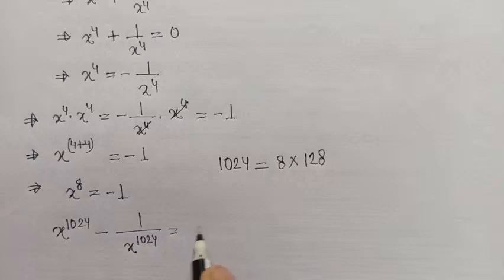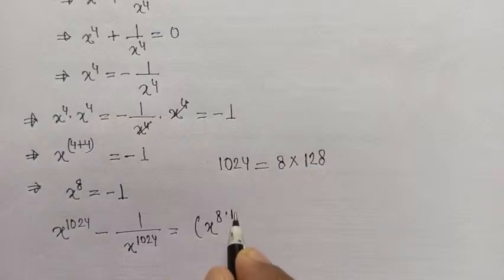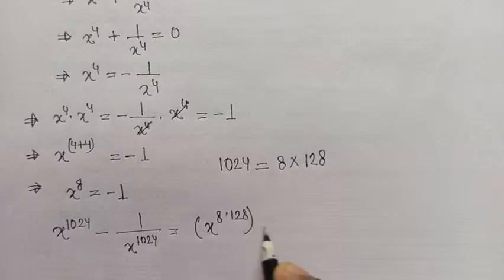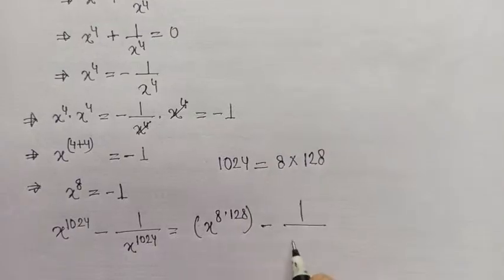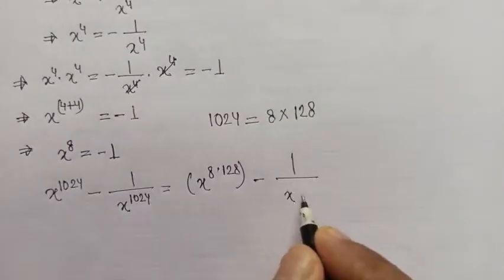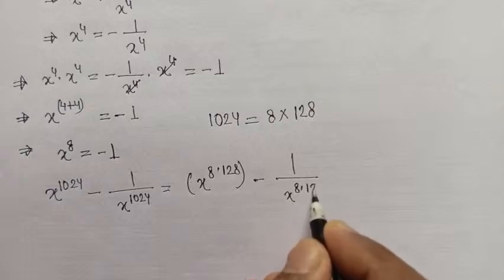So now we can write this like x to the power 8 into 128 minus 1 by x to the power 8 into 128.